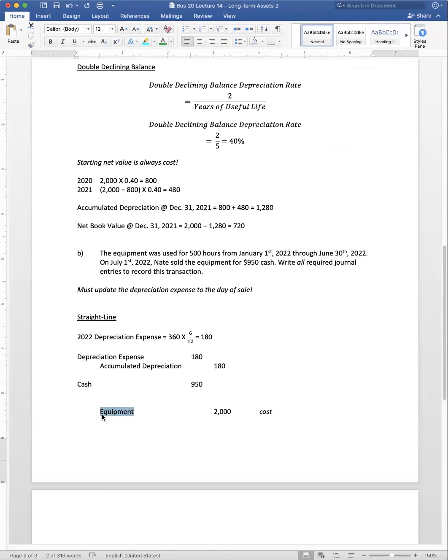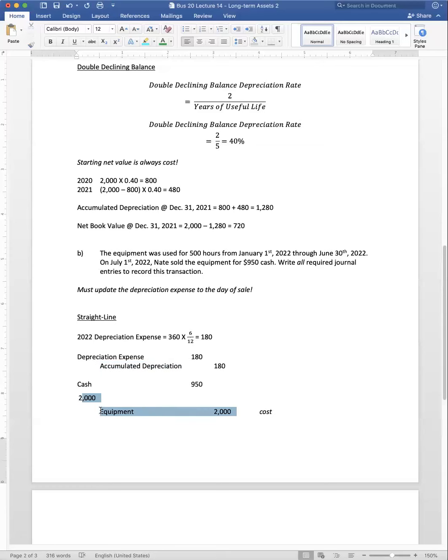When we throw the equipment out, not only are we looking to get rid of the accumulated depreciation that belongs to it, the accumulated depreciation says, hey, you threw out my partner, wait for me! And it jumps out the window after the equipment. So when we get rid of an asset that's depreciated, like equipment or anything else, we also have to get rid of any account associated with it, which in this case is the accumulated depreciation.